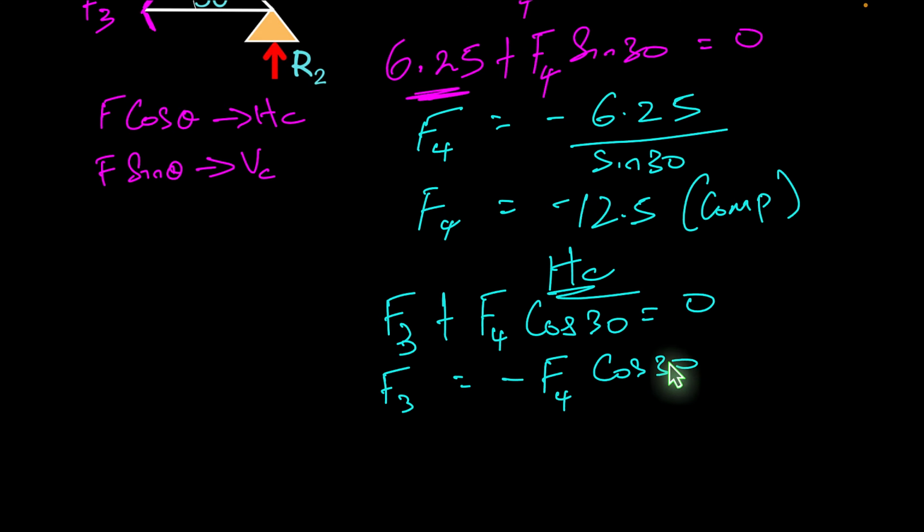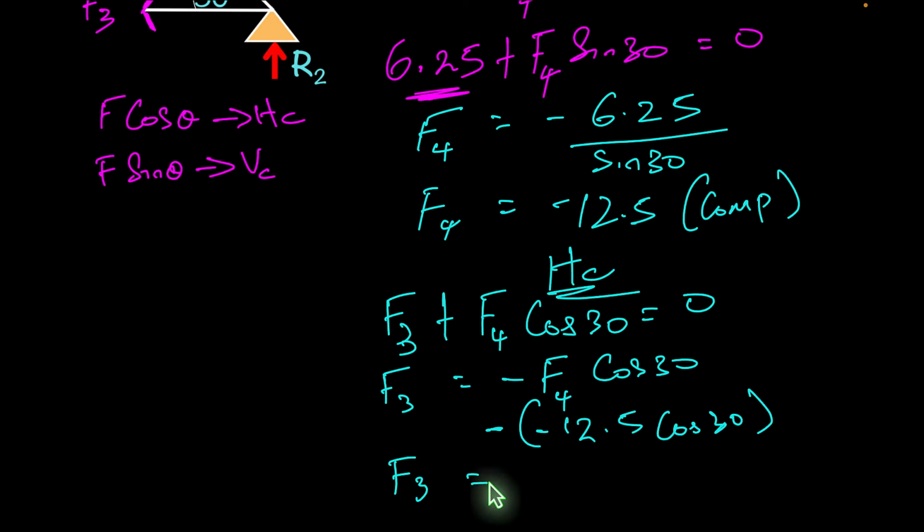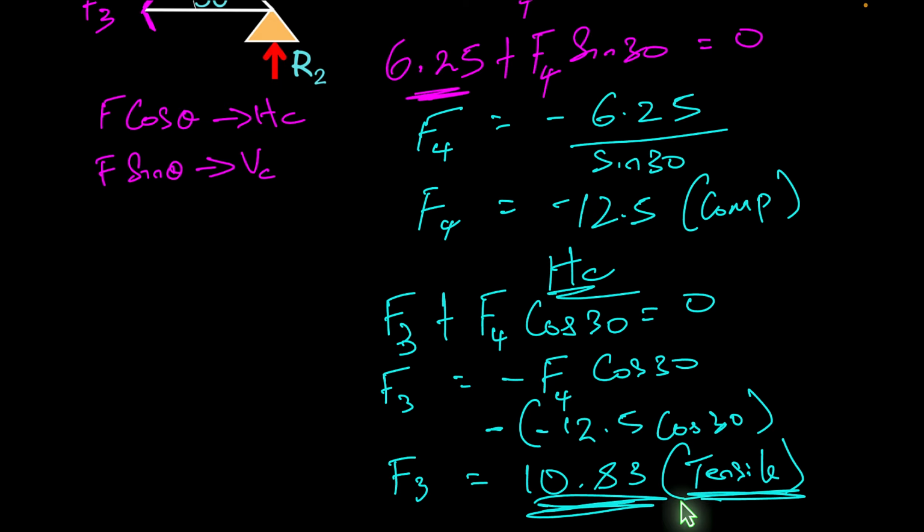That's just the inverse operation: the inverse of plus F4 cos 30 is minus F4 cos 30. To substitute the values, this is minus, and then the F4 value is negative 12.5 times cos 30. So our final value for F3 is 10.83. So F3 is a tensile member, F4 is a compressive member, and those are our force values.